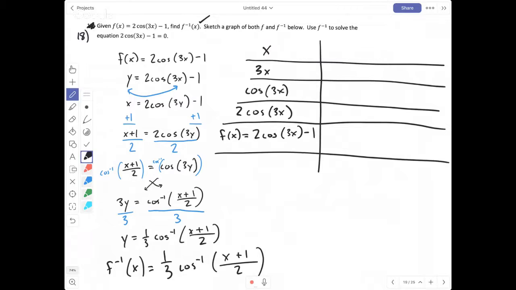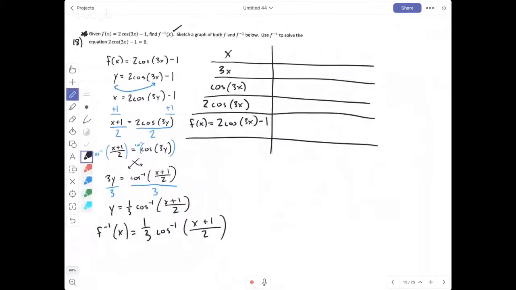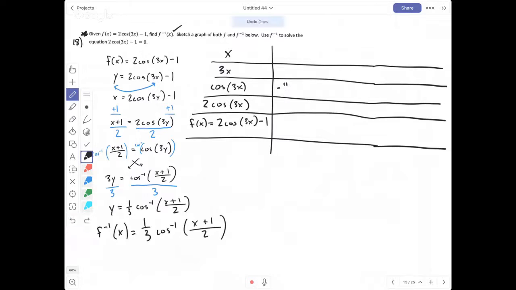Cool. I also want to use the same table to graph the inverse function. So that means I'm going to want it to be on the domain for which cosine is invertible. I know that the domain that cosine is invertible is on the domain from negative pi over 2, no, sorry, 0 to pi.